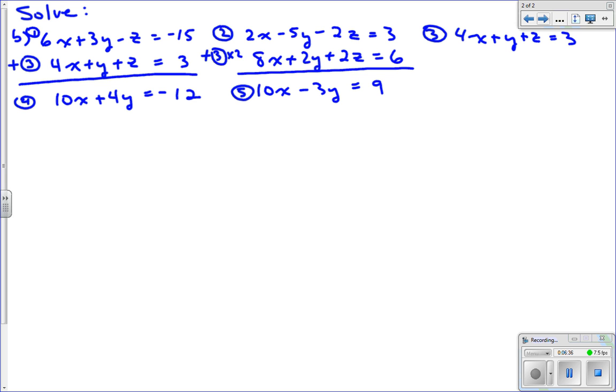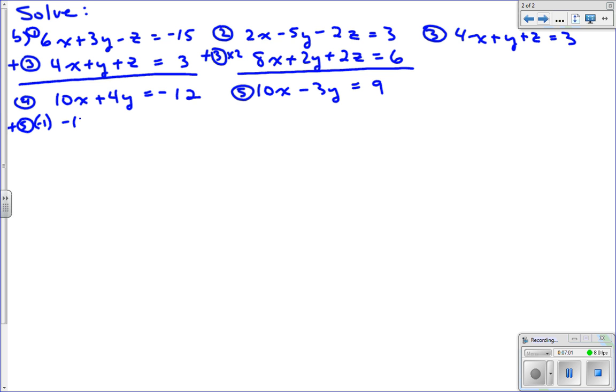So now I can use these two equations and use elimination with them to solve for x and y. Notice that I have a 10x and a 10x with each of these. So I'm going to take equation 5 and multiply it by negative 1.